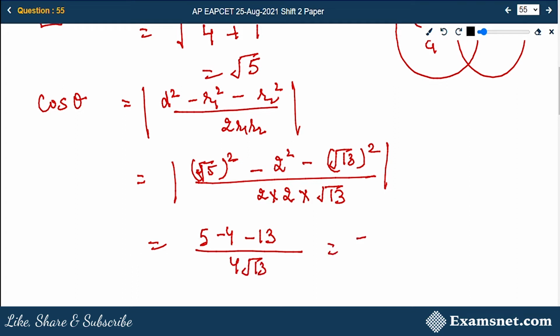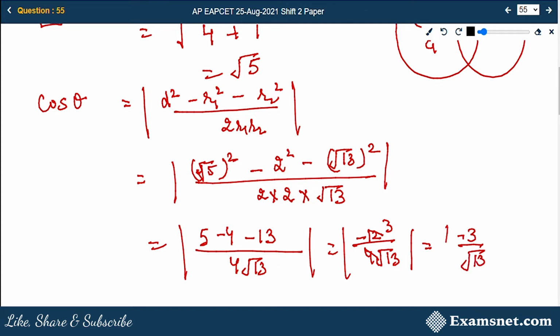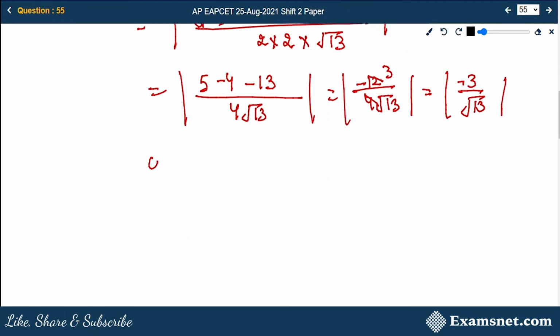That makes it minus 12 divided by 4 under root 13, inside the mod. Opening it, this will be minus 3 upon under root 13, mod. If you are taking mod of anything, the minus sign vanishes, so cos theta came out to be 3 upon under root 13.